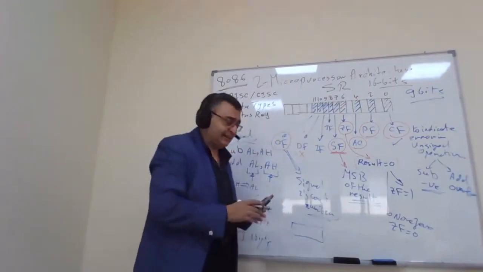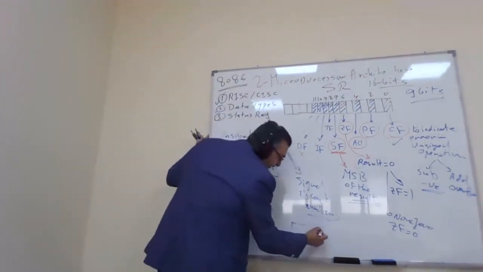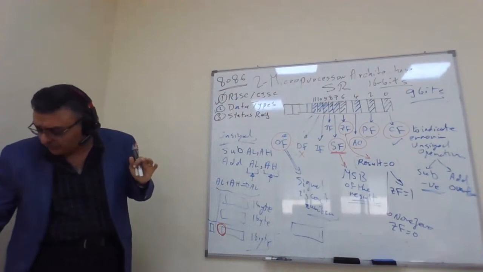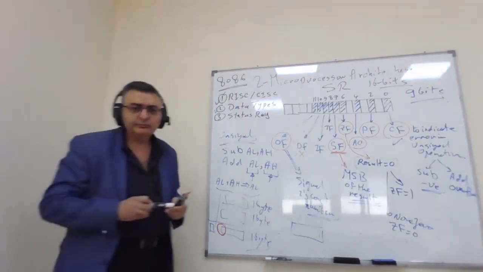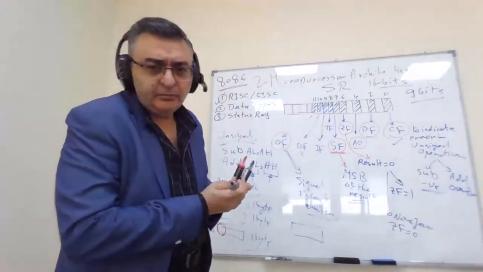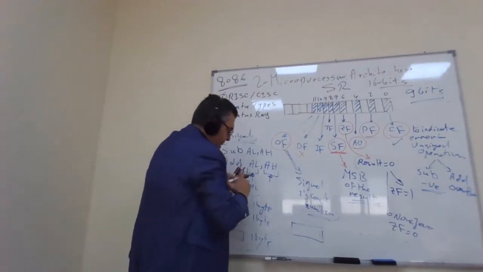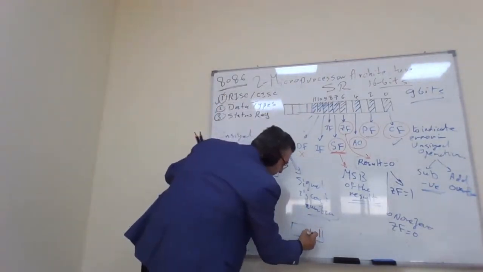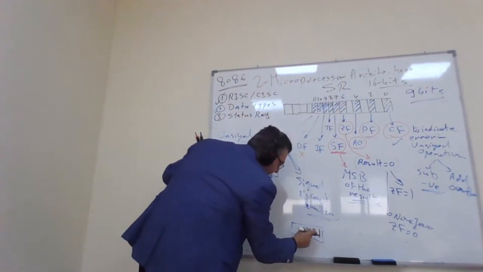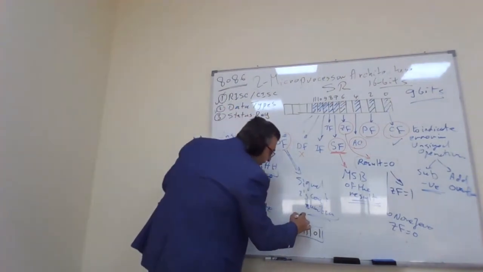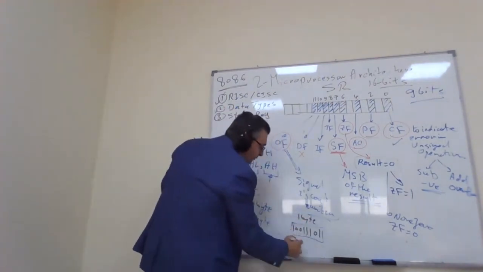If the number of ones in the result is even, the parity will be 1. Let me give an example so people understand. Assume that I do some operation and I get the result as 1 byte like this.